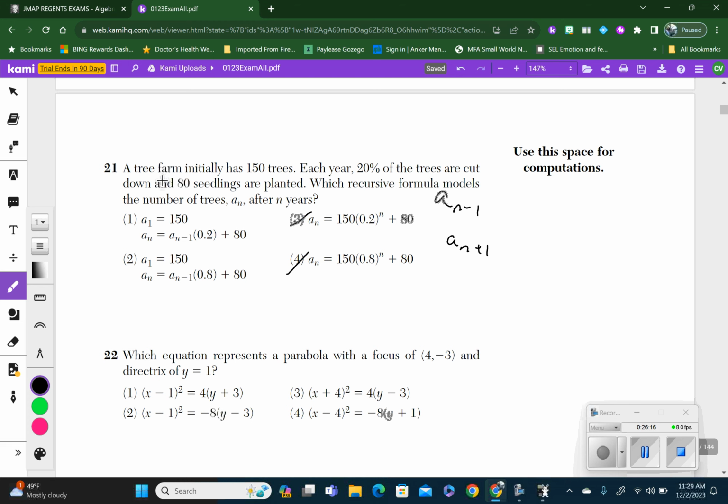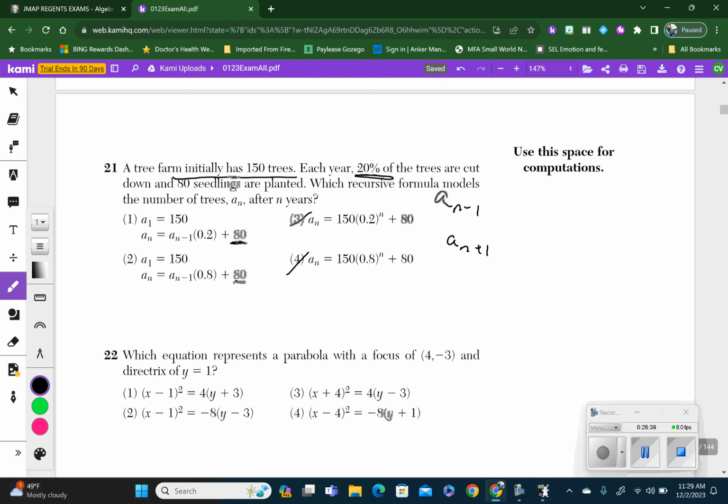Then it says a farm initially has 150 trees. So that's my initial. They both say that, so I can't cross anything out yet. Then it says each year, 20% of the trees are cut down and 80 seedlings are planted. These represent the 80 seedlings that are planted. And then 20% of the trees are cut down.